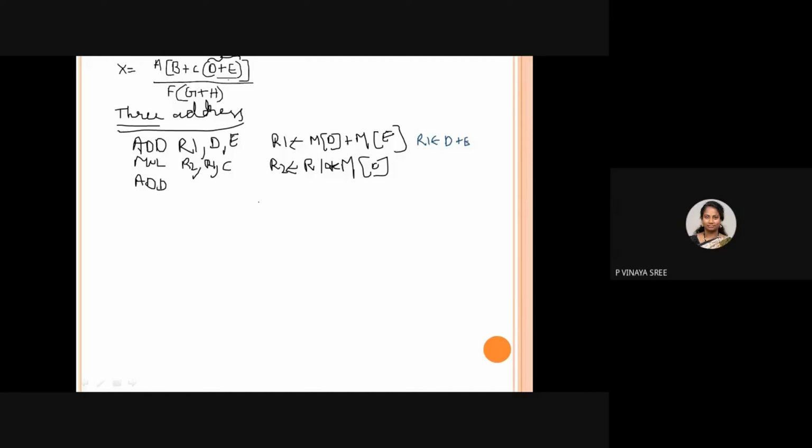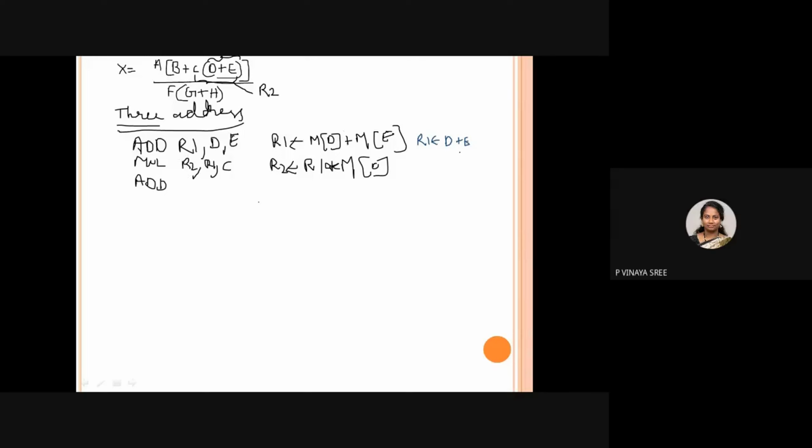Add means one operand we need to get from memory location, and the other operand, D plus E into C, is available in register R2. Now please answer: should I take R3 or R1?